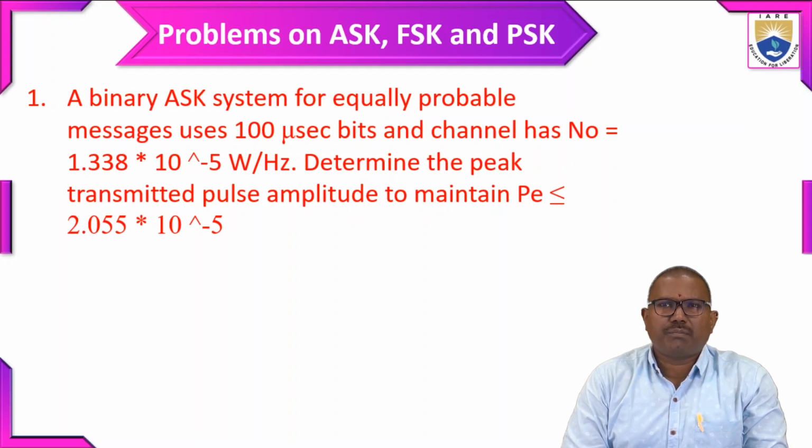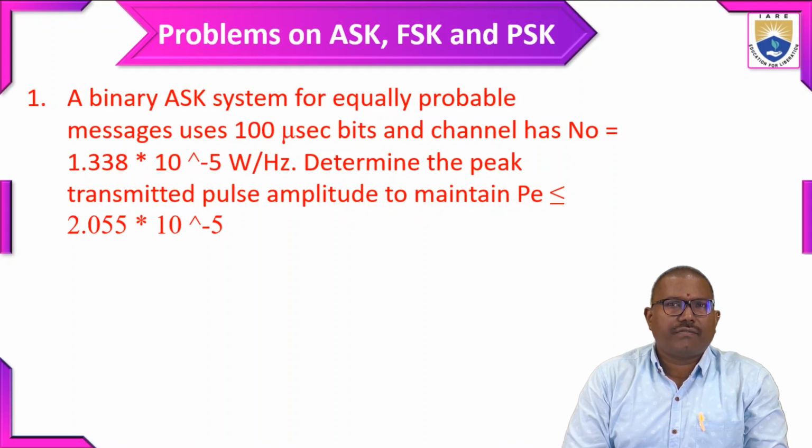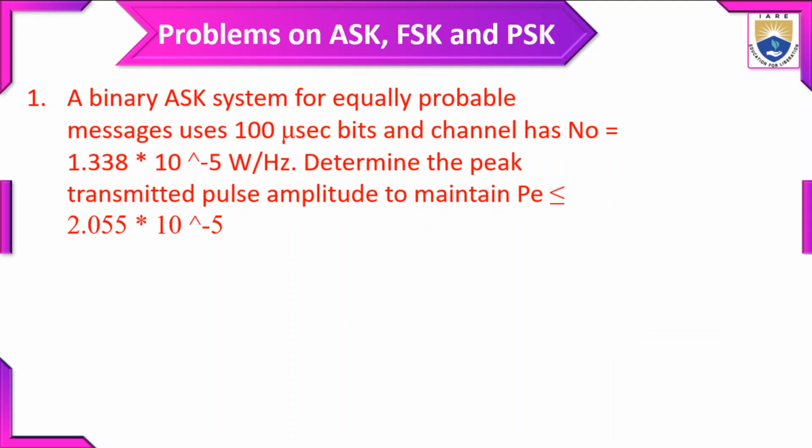Determine the peak transmitted pulse amplitude to maintain Pe, the probability of error, less than or equal to 2.055 into 10 power minus 5. So this is the given problem. For this problem, we must know the probability of error formula. These problems are related with formulas.